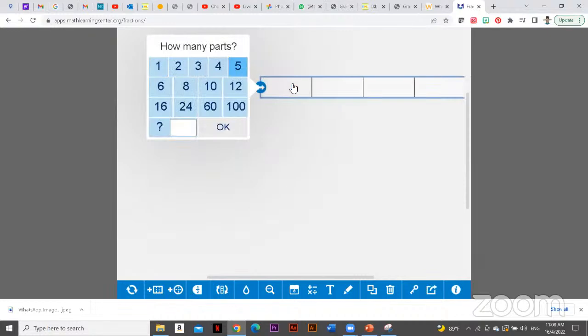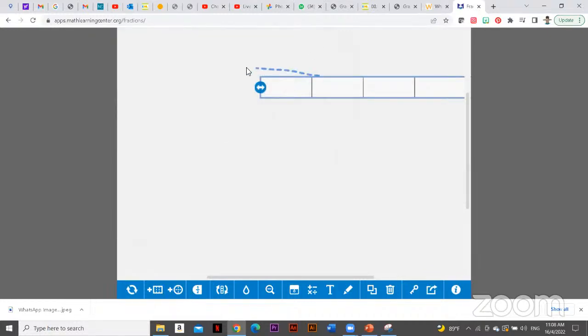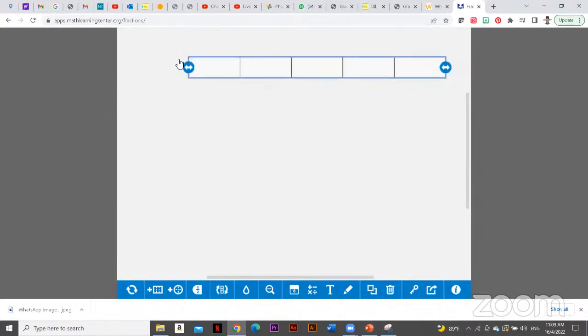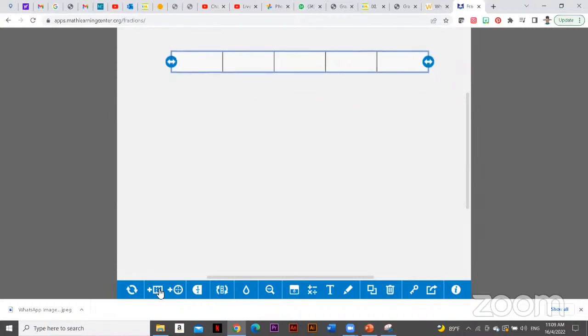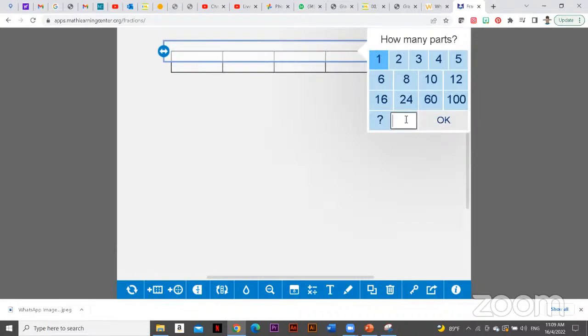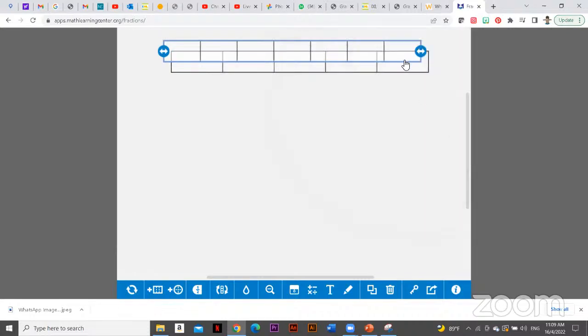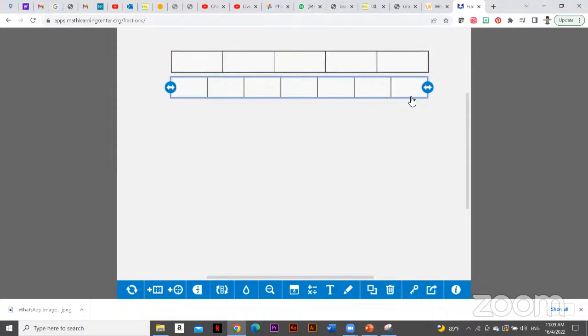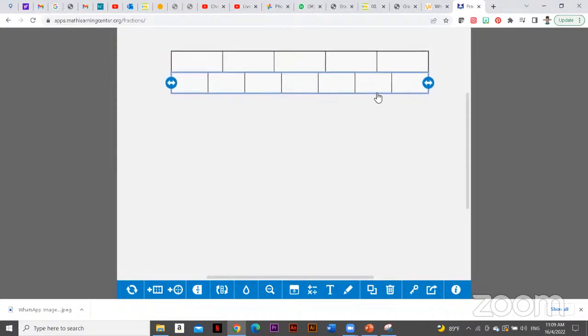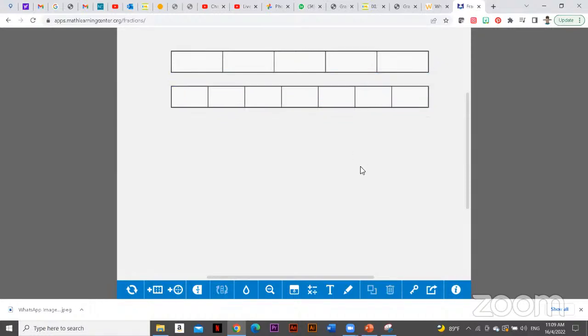All right, so I'm going to make 2 wholes, and I'm going to make one with 5 parts to show 5ths, and I'm going to make one with 7 parts to show 7ths. Now these are the same size wholes, but divided into different amounts of parts. So here we have 3/5, 1, 2, 3, and we have 3 sevenths, 1, 2, 3.